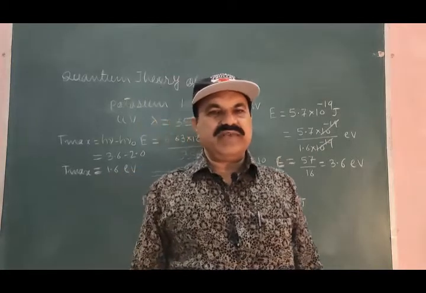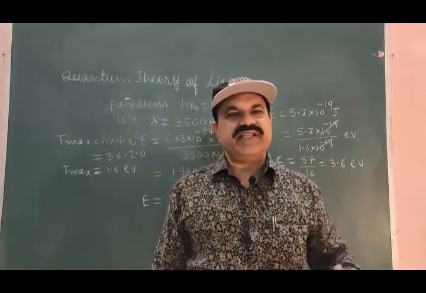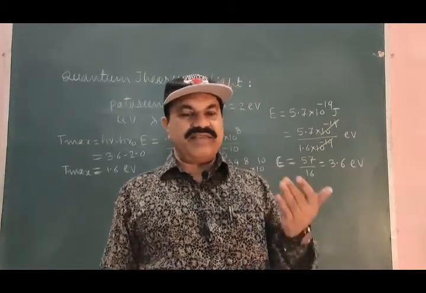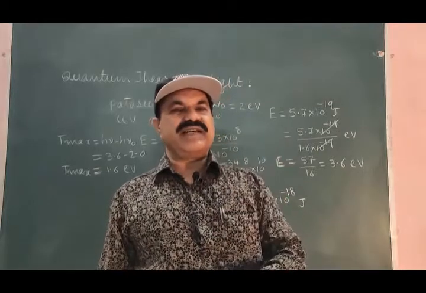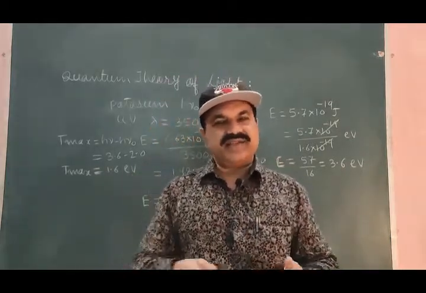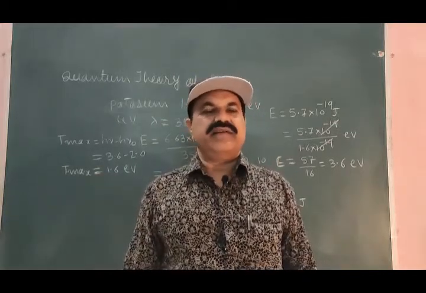According to the quantum theory of light, whenever light is emitted by any source, it is always generated in terms of quanta, energy bursts, energy packets, and it also travels in the form of energy quanta.